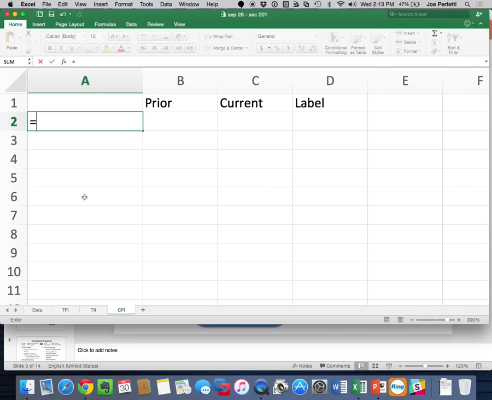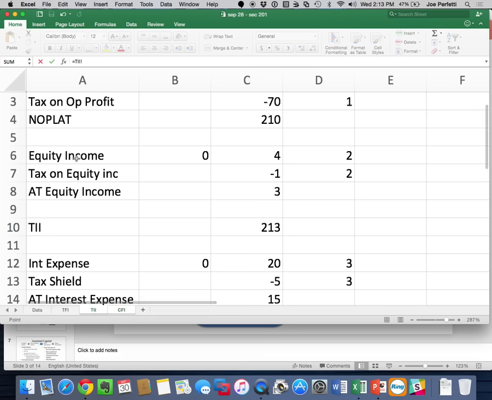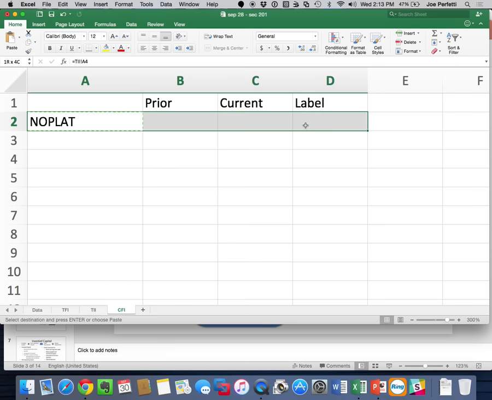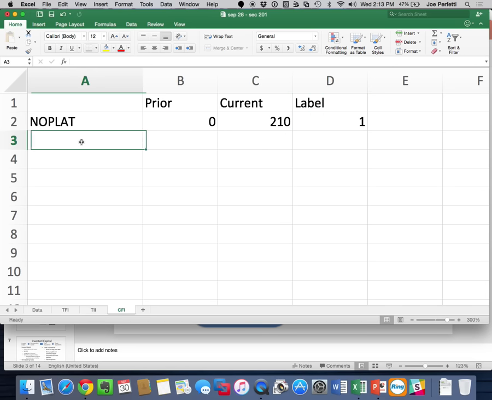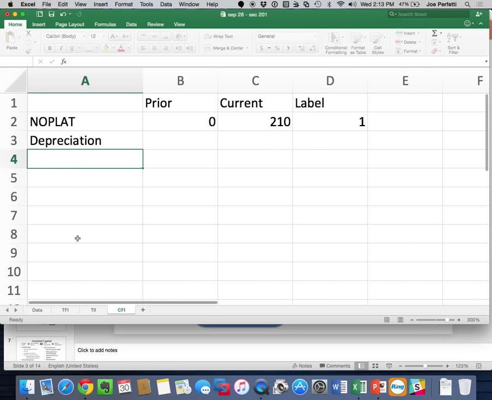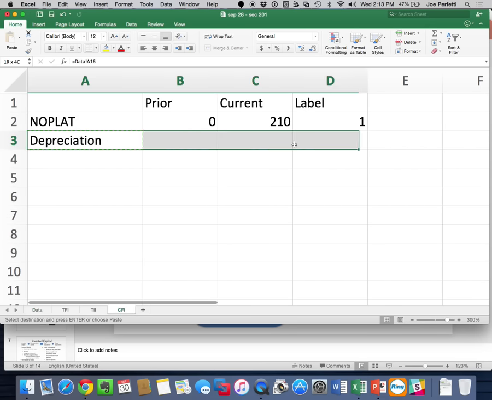We'll take off of our TII the NOPLAT that we had calculated, and then we'll take from the income statement tab, which is where the data exists, the depreciation. And those are both ones.